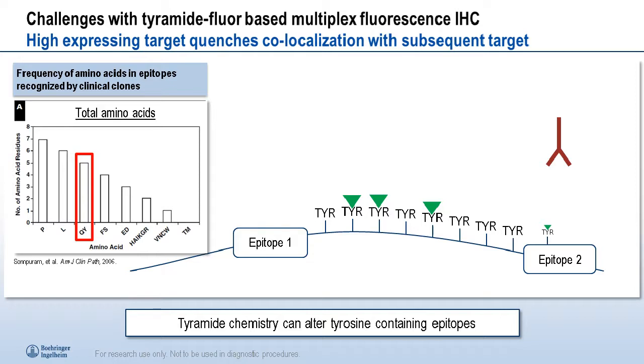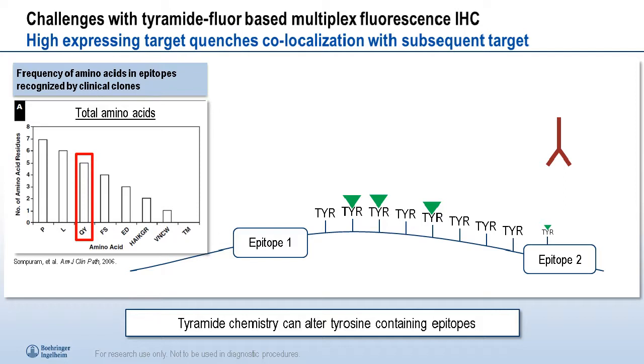So this really nice paper by Sampurin et al. in 2006 evaluated the epitopes of a number of the different clinical IHC antibodies that were being used at the time. So these involve many of the ER, or estrogen receptor, progesterone receptor, HER2 clones, the MIB1 Ki67, and the DO7 p53 clone.